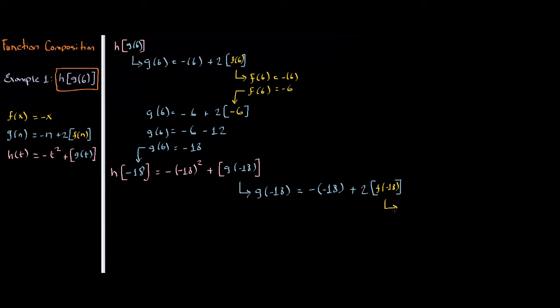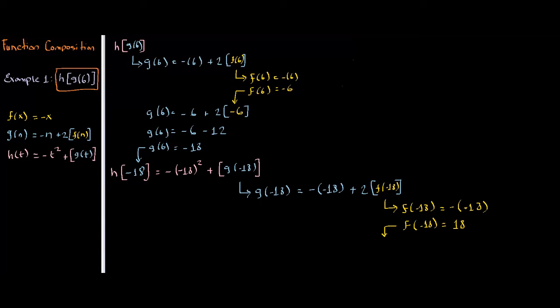I'm going to solve it in here. f of negative 18, this one is a pretty easy one. So f of negative 18 is actually positive 18, and we have to plug it back here.